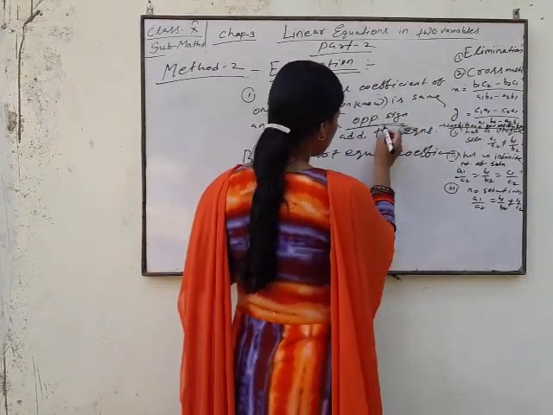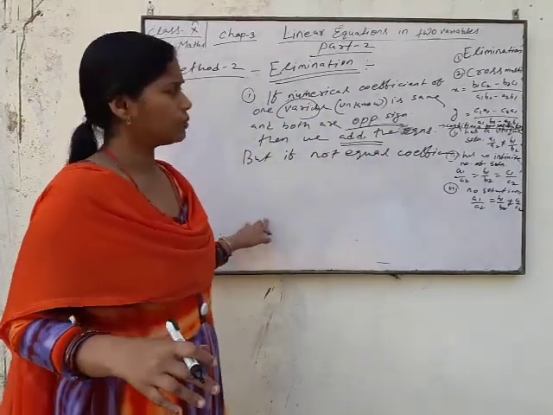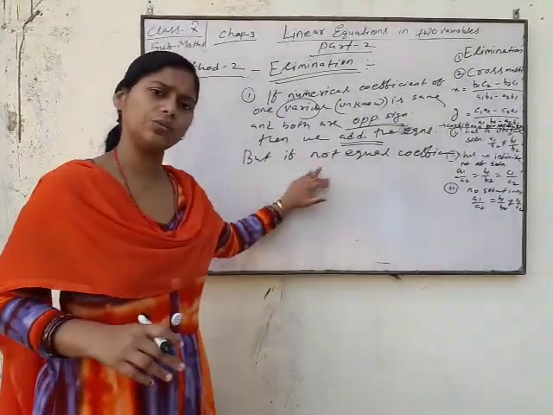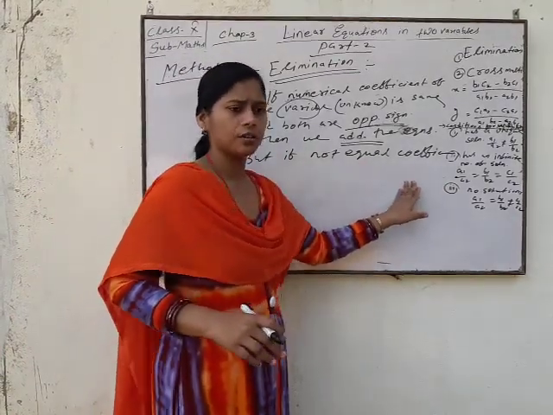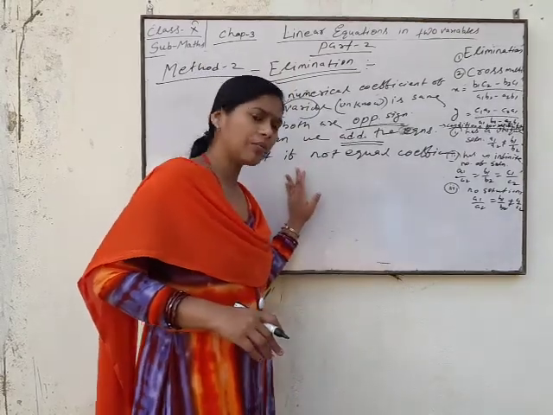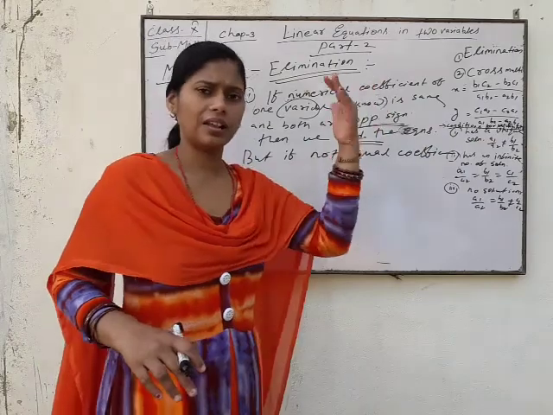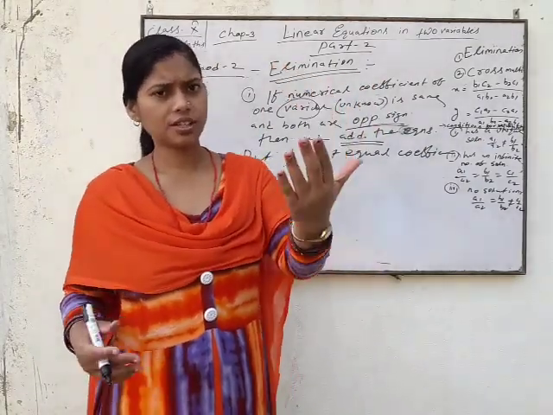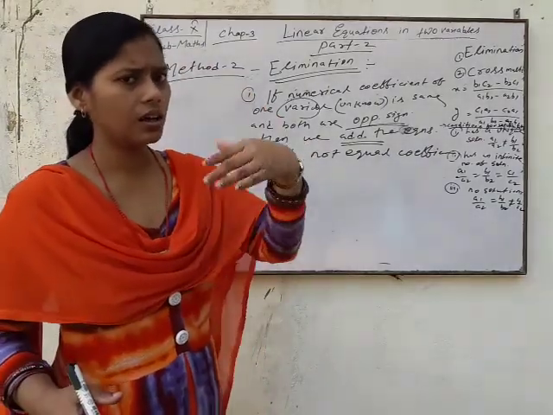Opposite sign means add. If both have the same sign, then we subtract the equations. If the coefficients are not equal, we multiply by a suitable number, eliminate one unknown variable, and then find the other variable.